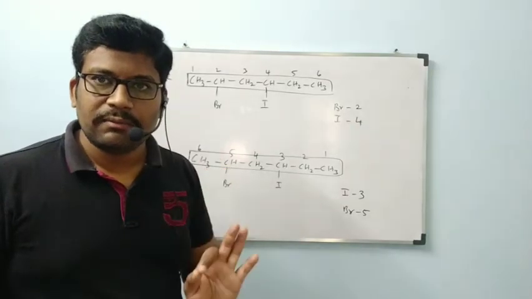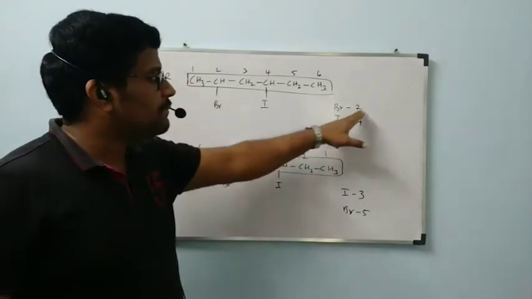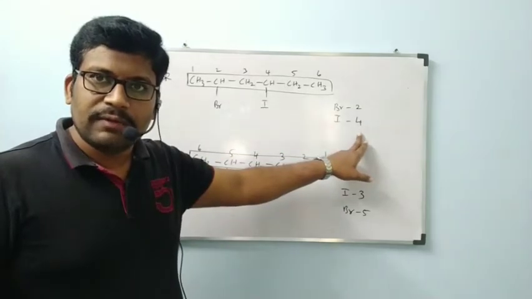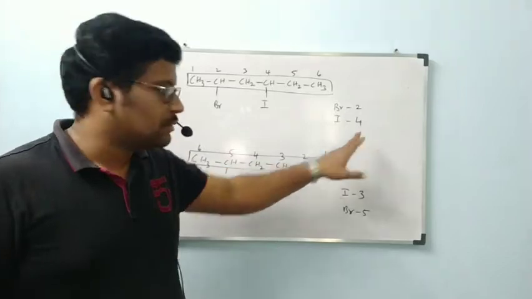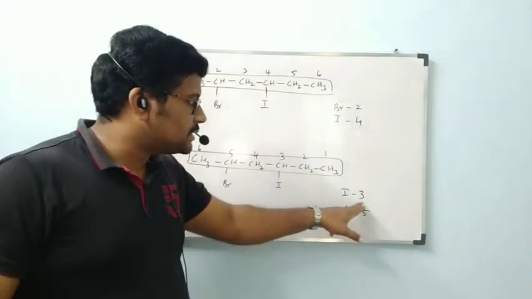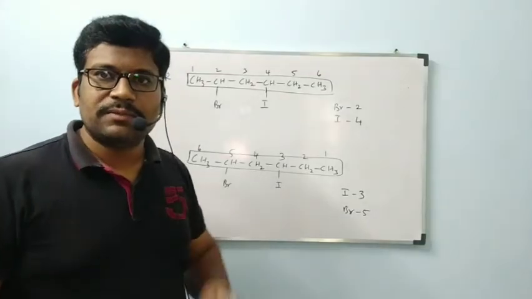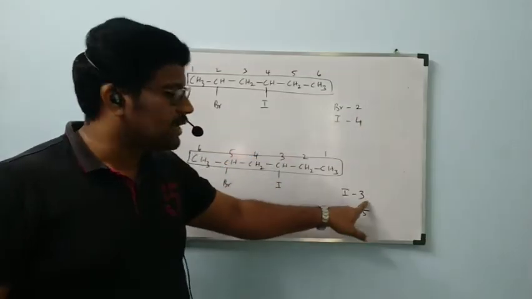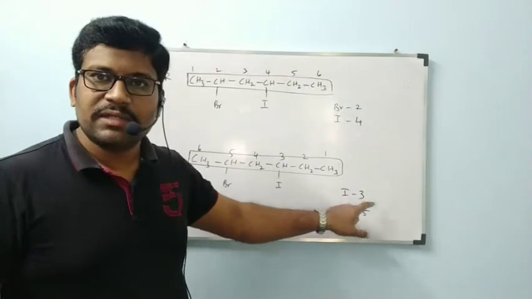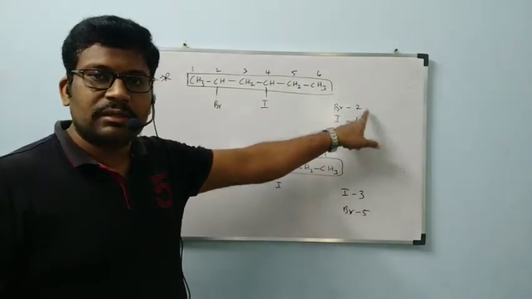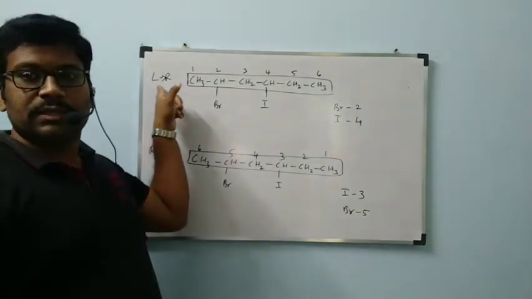One more time. Left to right we are getting numbers 2, 4. Right to left we are getting numbers 3, 5. So observe the first number, 2 and 3. Which one is the least? 2, and it is present in left to right numbering.